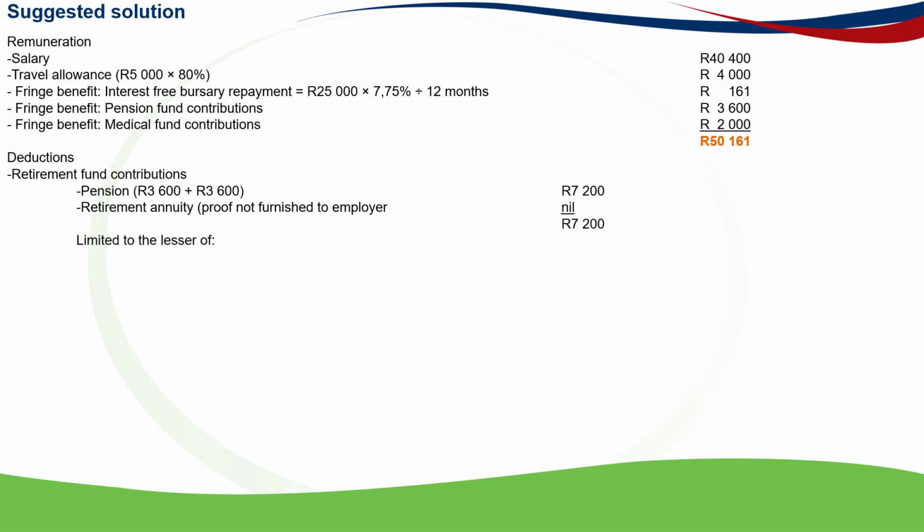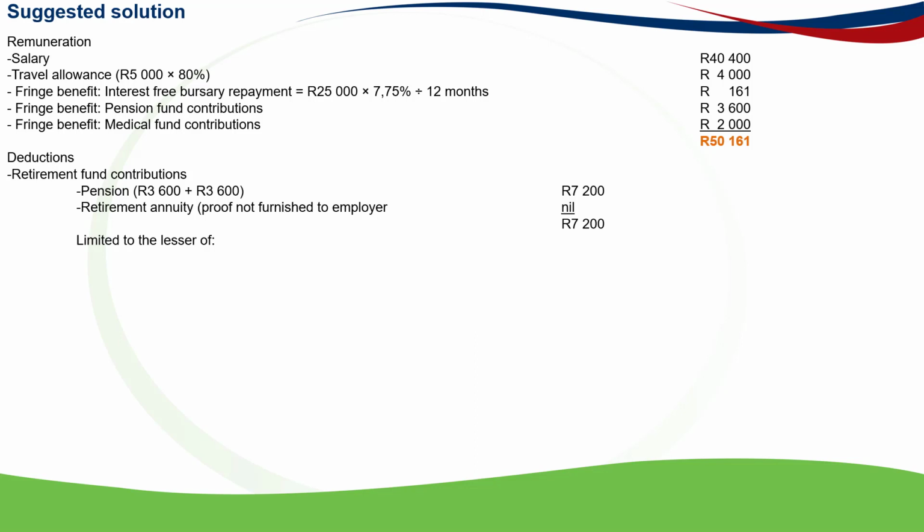The total retirement contribution deduction to be considered in this calculation will therefore be only the 7,200 that is contributed to the pension fund. And that will be limited to the lesser of two amounts.